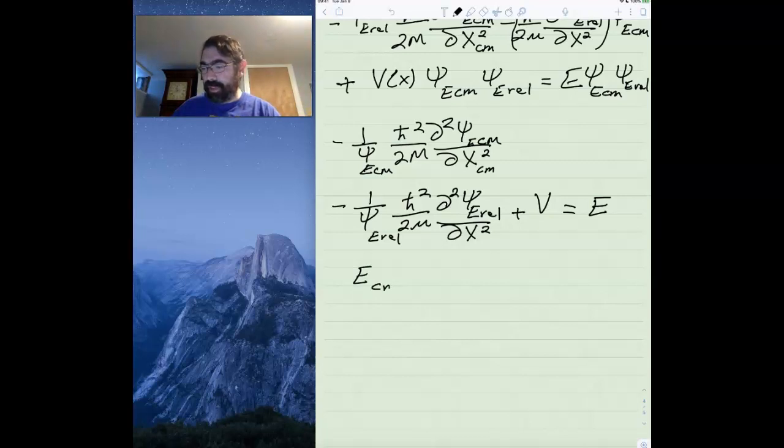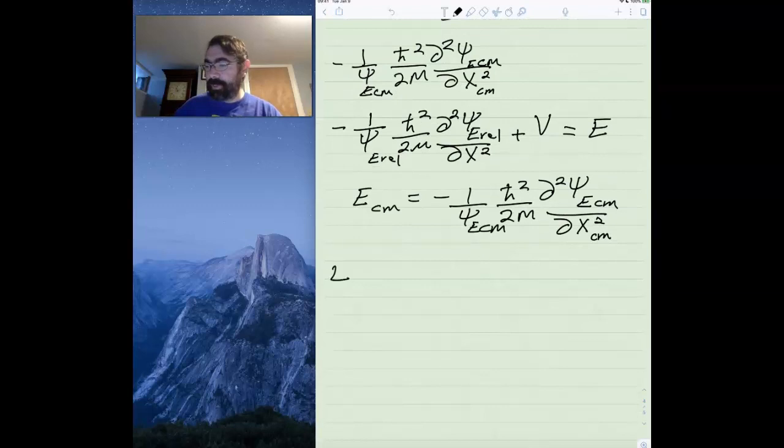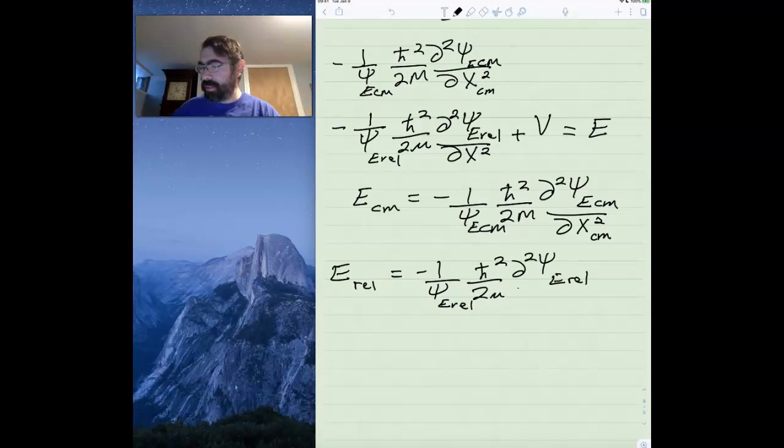So therefore what we have is a Schrodinger's equation. E center of mass is equal to minus 1 over the wave function for the center of mass, and I get a Schrodinger's equation for the relative motion, which is where the potential energy is contained, right there.